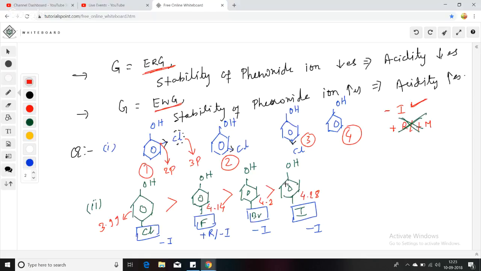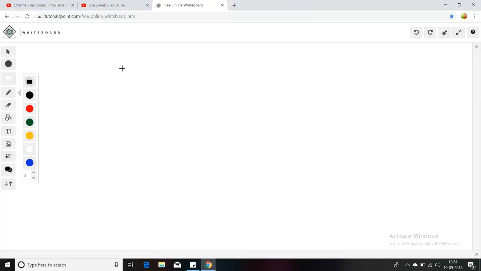Now, the next example you see, if you have phenol and this phenol contains a methyl group present. I'll just rub it off. We are doing this comparison of acidity in detail.